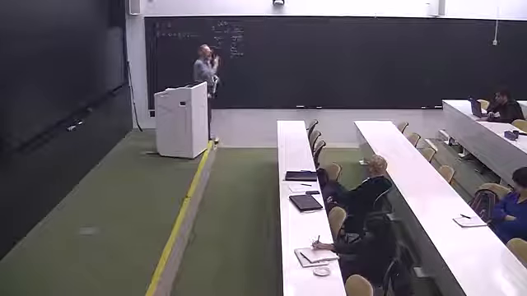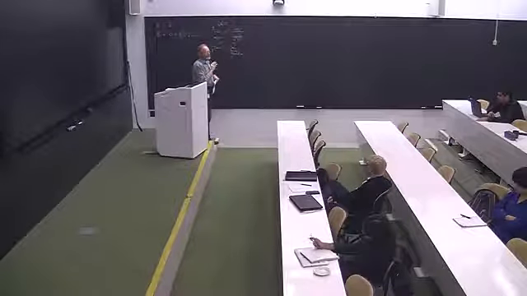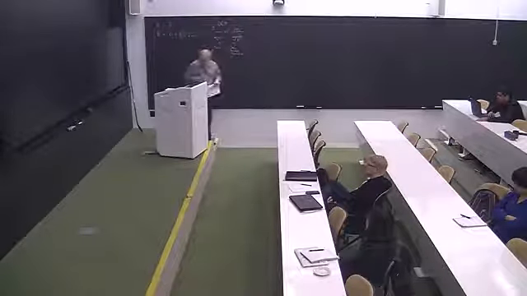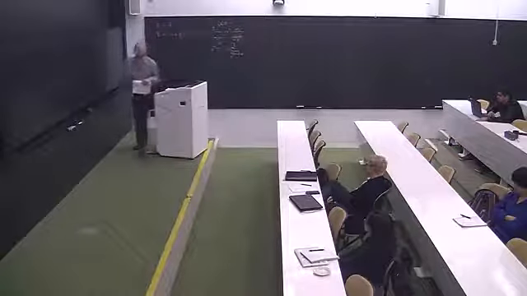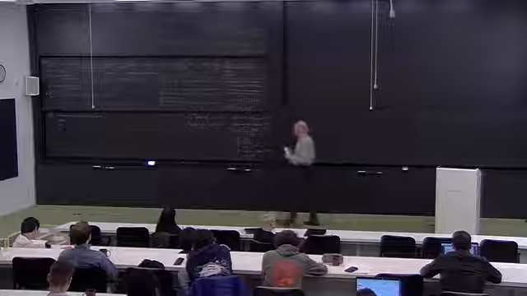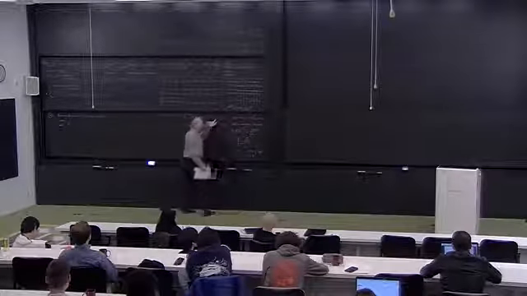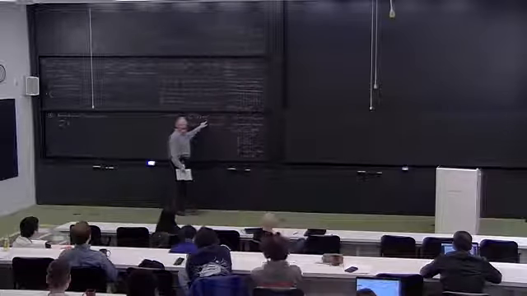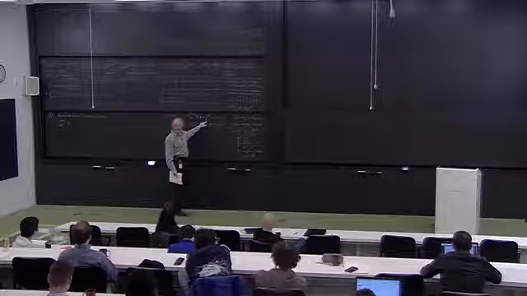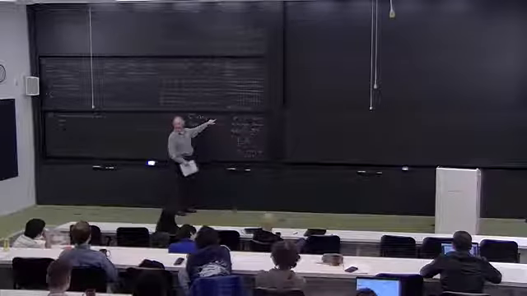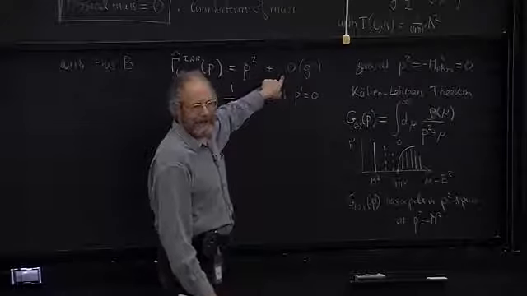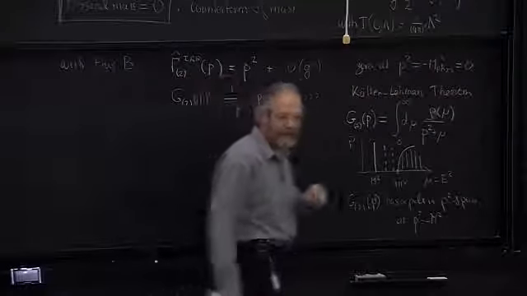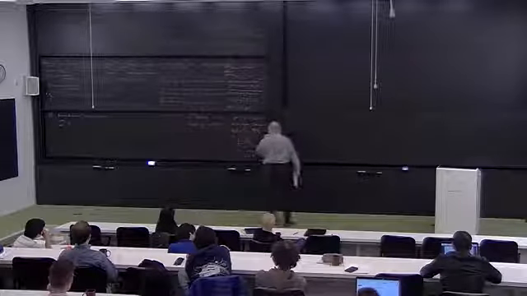So it's a very special property of phi-4. The important point is that we want this to be finite and to be 0 at P equals 0. If it's 0, that's better.